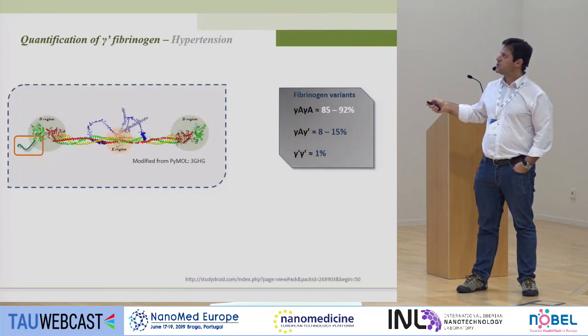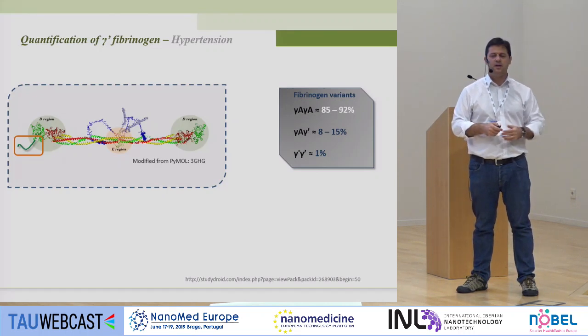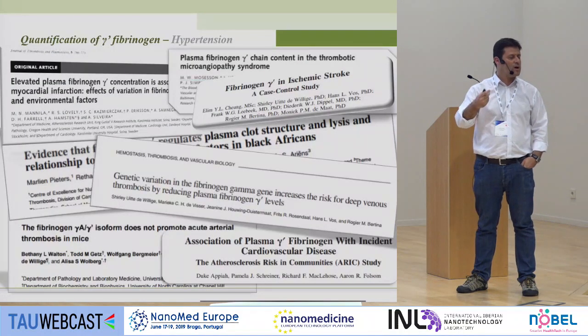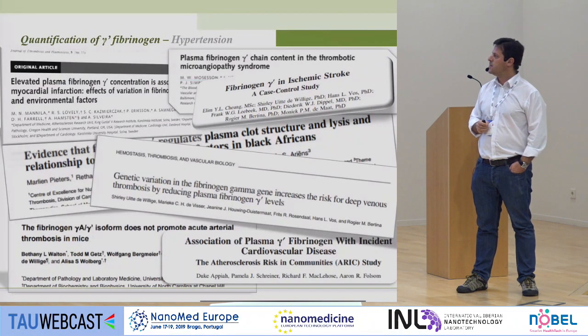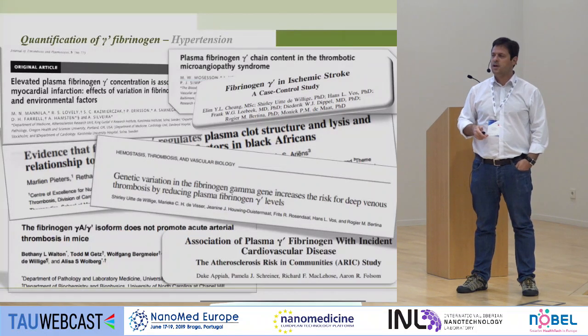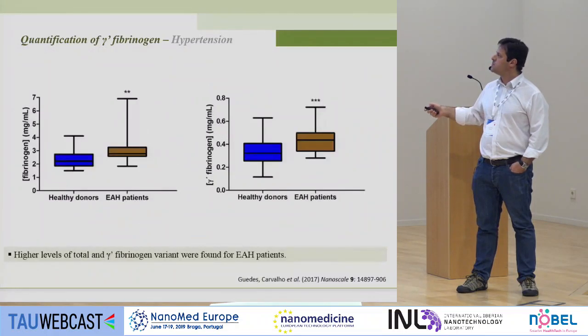This is also partially associated with gamma prime fibrinogen, a splicing variant of the fibrinogen molecule that has an additional length of 17 amino acid residues that gives it a stickier profile, associated in some recent studies with a poorer cardiovascular outcome.